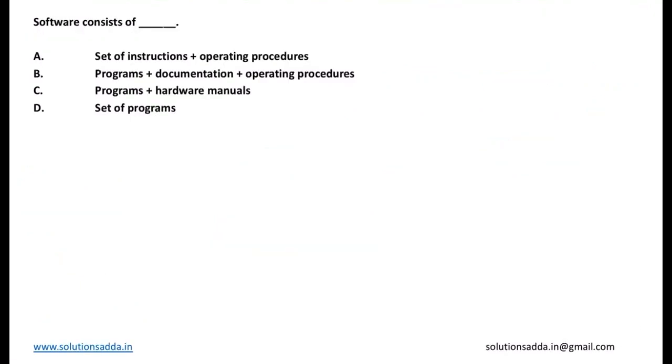This is a question from software engineering. Software consists of a set of instructions plus operating procedures, programs plus documentation plus operating procedures, programs plus hardware manuals, or a set of programs.